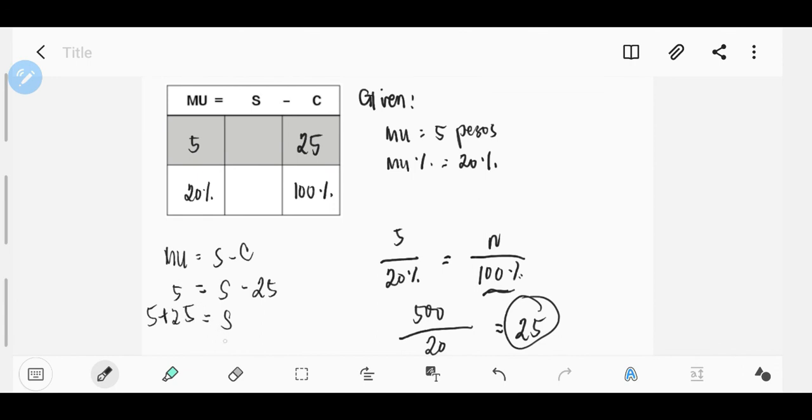Ganun sa algebra. We get 30. So, ang selling price natin ay 30. And what percent? I-add lang natin yung 100 at 20, which gives us 120%. Find the cost at saka yung selling price. Nakuha natin yung cost, nakuha din natin yung selling price. Okay? So, this is the solution.